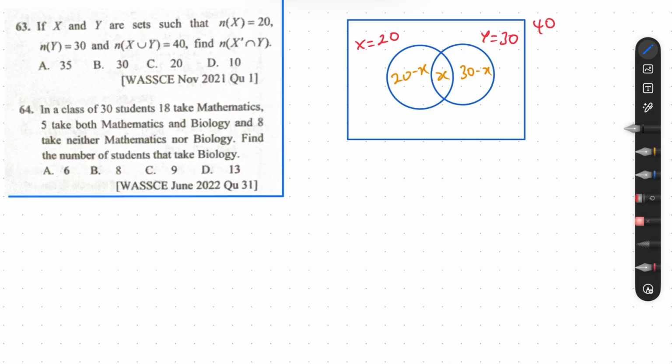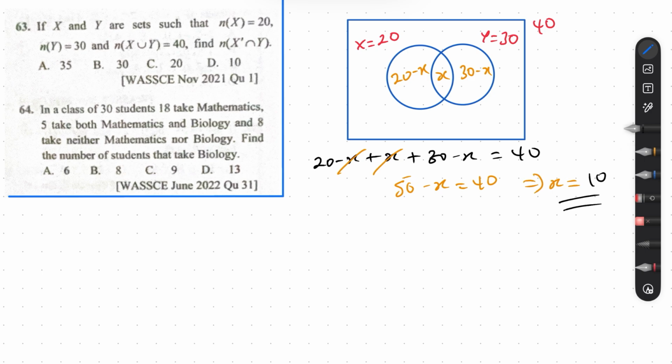So we have 20 minus x plus 30 minus x should give us 40. Now the negative x's add up, so we have 50 minus 2x is equal to 40, and then x turns out to be 10.